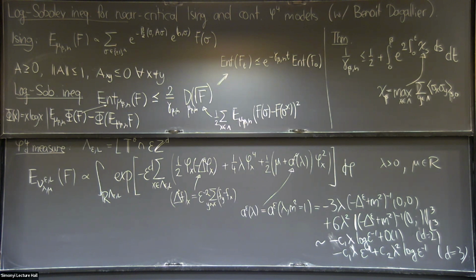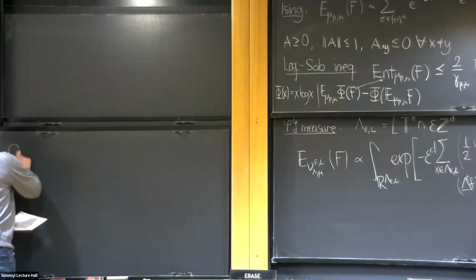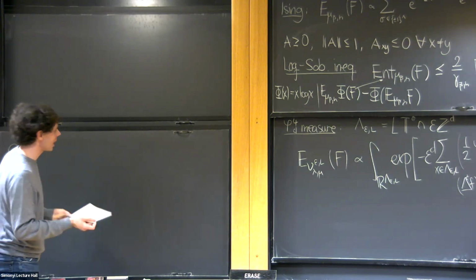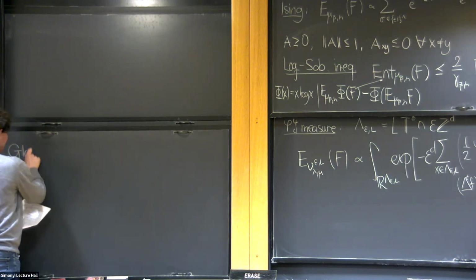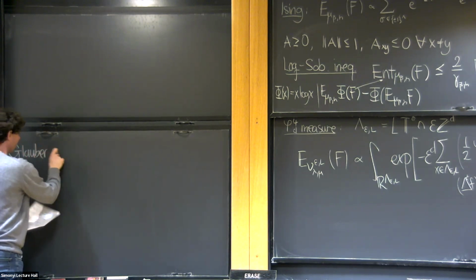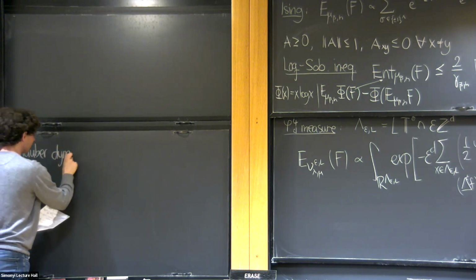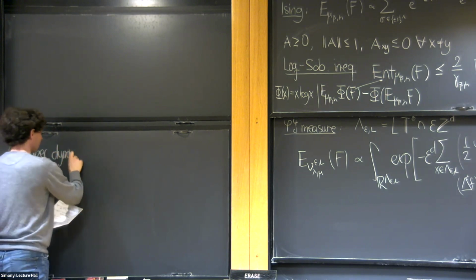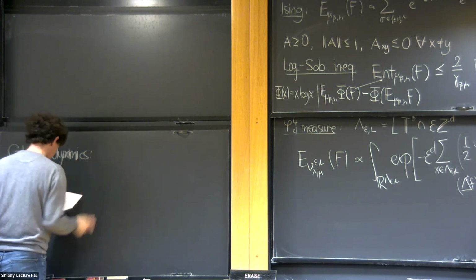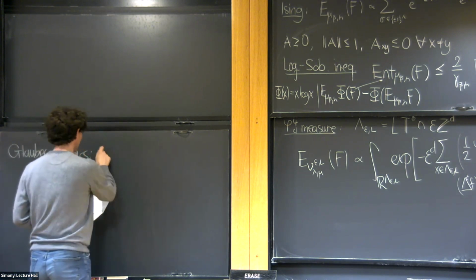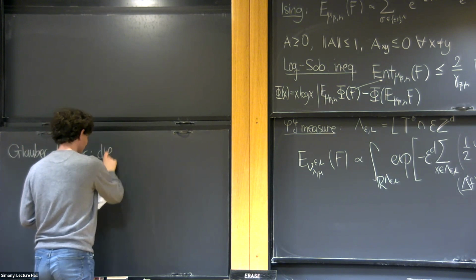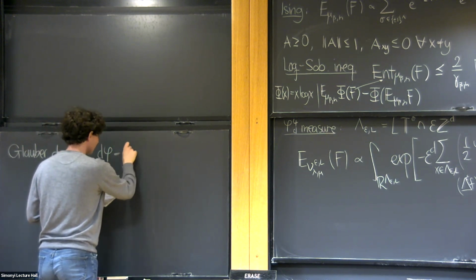Yeah, this is with respect to the non-Gaussian measure. And it encodes information, as in the Ising case, about the relaxation of this Glauber dynamics for Phi^4, also called the dynamical Phi^4 model.